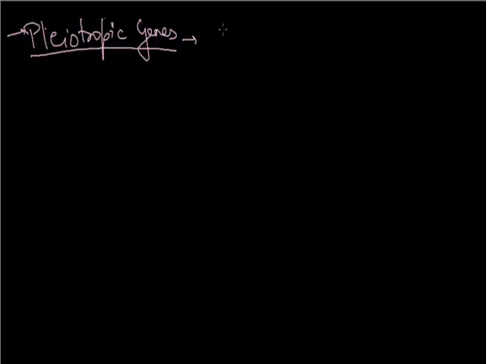Next we talk about pleiotropic genes. Now what are pleiotropic genes? Certain genes, there we read that there are so many alleles for a single gene.